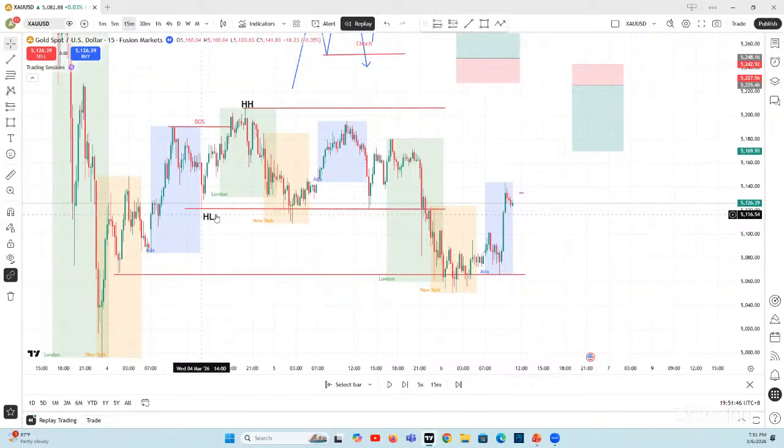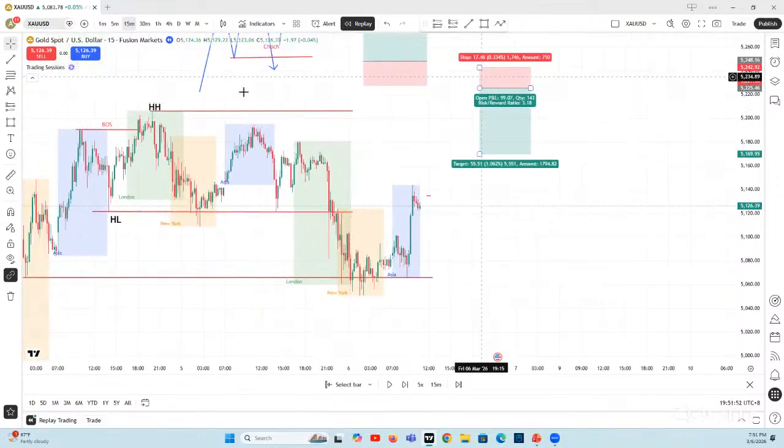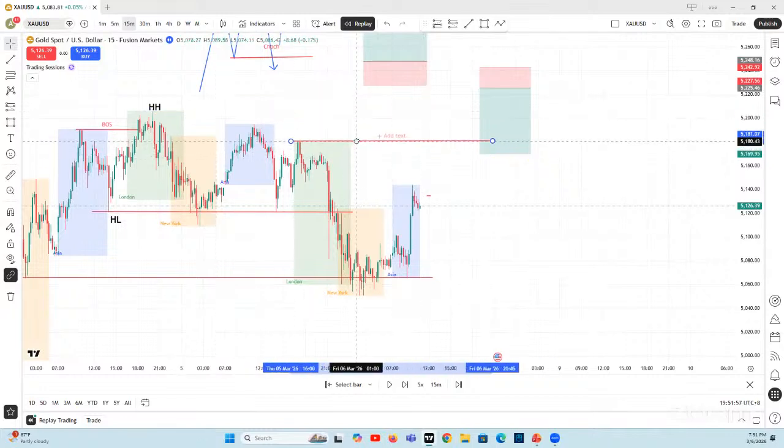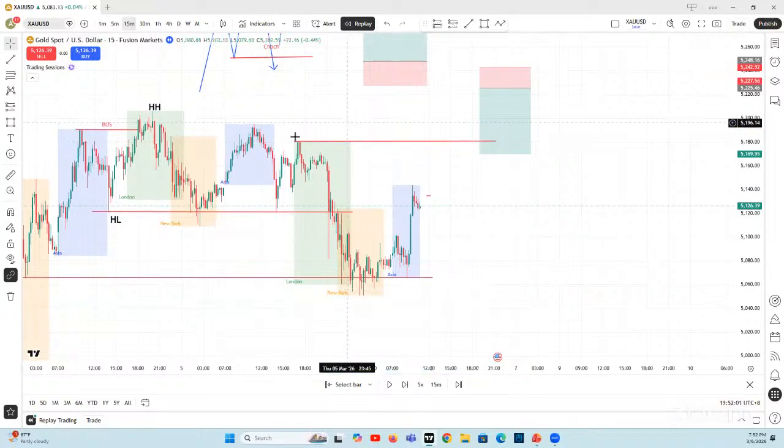So if this was the breakage of this higher low, we will put this to the highest point where it broke structure. So it broke structure here. You go to the past and find the highest there.